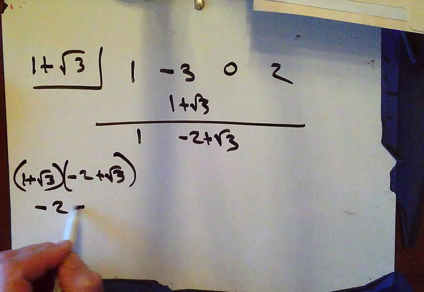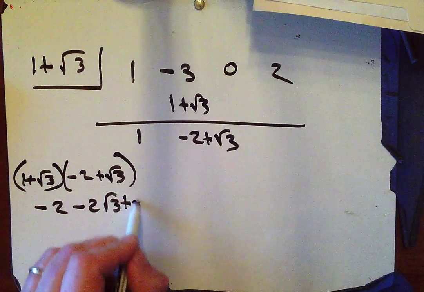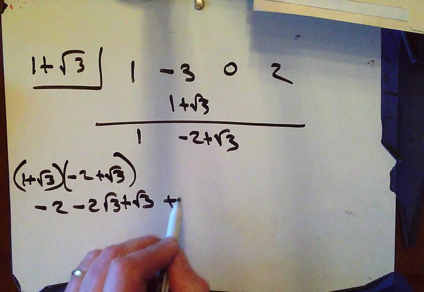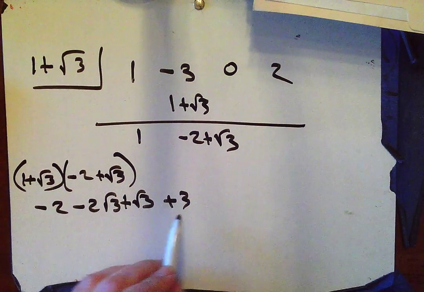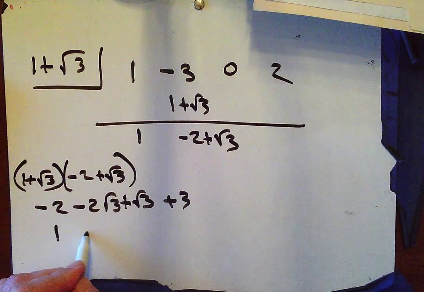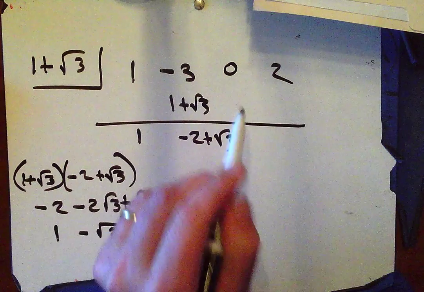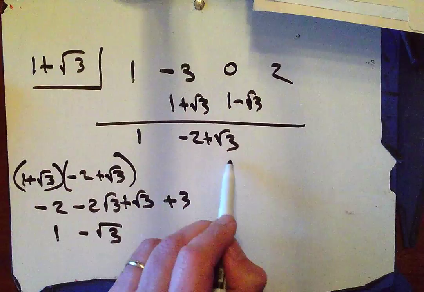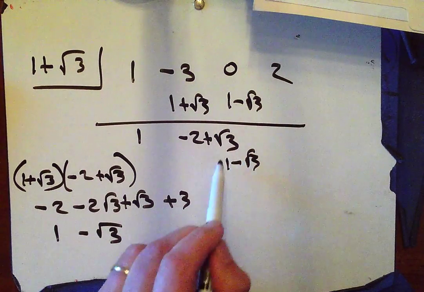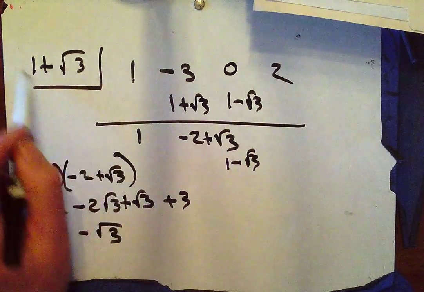So I've got negative 2 minus 2 root 3 plus positive root 3 plus 3, because root 3 times root 3 is 3. I can combine like terms and get 1 minus root 3. So that's what I put here, 1 minus root 3. I add, I get 1 minus root 3. Now I've got to FOIL this with this.